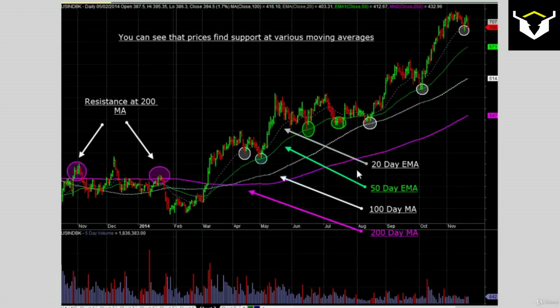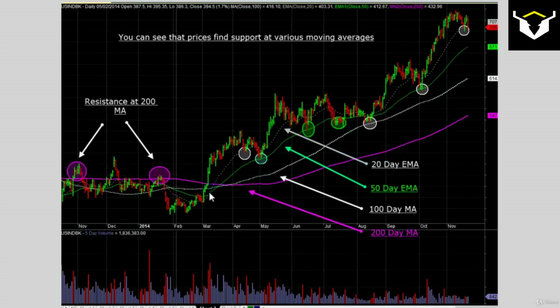A 200-day moving average takes close prices of the past 200 days to calculate its value, and then it plots itself on the chart. Hence, it is much slower and much more rigid as compared to any other moving average.